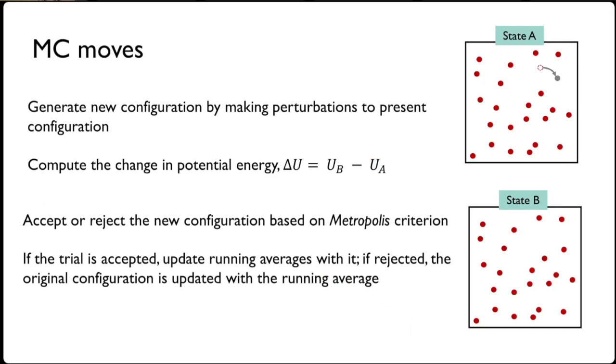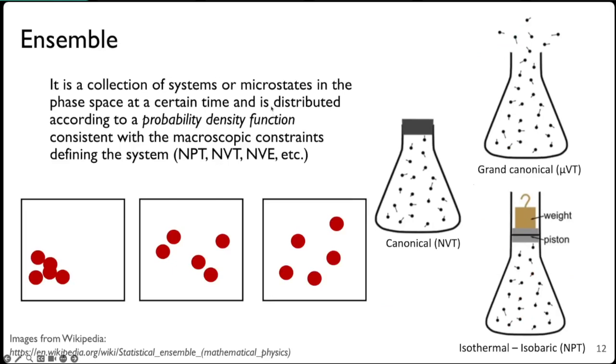Monte Carlo is really helpful when you're dealing with different kinds of ensembles. An ensemble defines the kind of constraints around my system. So one ensemble might be saying constant number of molecules as well as constant pressure and constant temperature. Or I might say constant number of molecules and constant volume and temperature, or constant energy, constant number of molecules, constant volume.